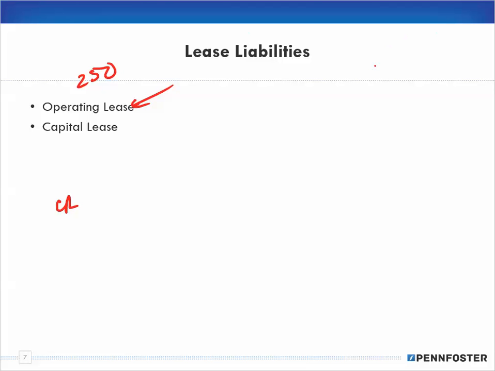Let's say this is still for a car. So I'm going to make a payment of $250 each and every month in order to lease that car, but I'm treating this as an operating lease. Since I have to make that payment, that's a credit to cash for $250.